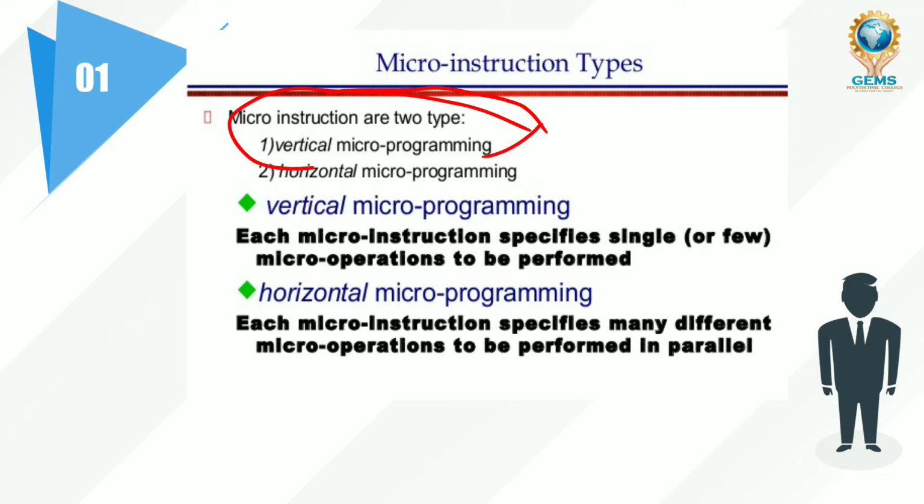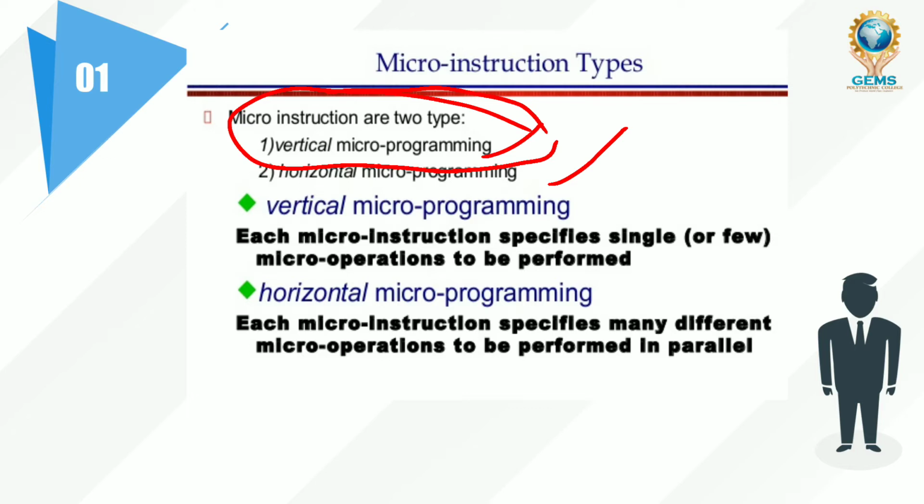The second kind is horizontal microprogramming instructions. These are the two kinds of instructions that you follow in computer organization and architecture. So what is vertical microprogramming, and what is horizontal microprogramming?